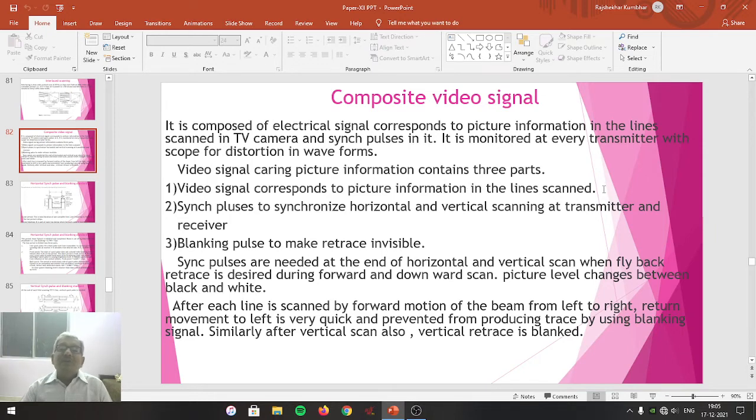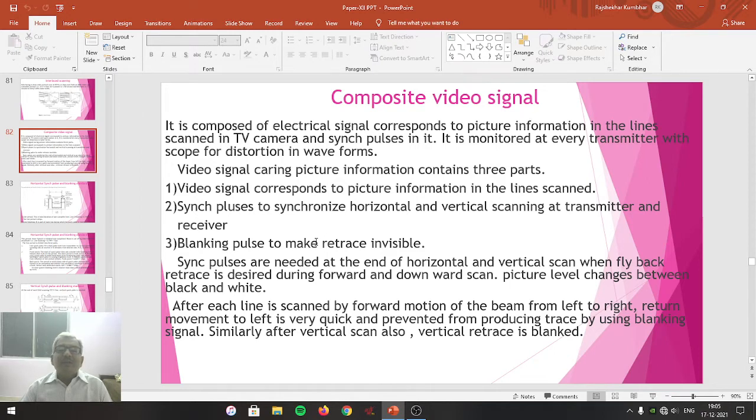This is the first component of composite video signal, that is the electrical signal proportional to the picture information which is scanned in the line. Second one is the sync pulses to synchronize horizontal and vertical scanning at the transmitter and receiver. Third one is the blanking pulses to make the retrace invisible. All these pulses combined are known as the composite video signal.